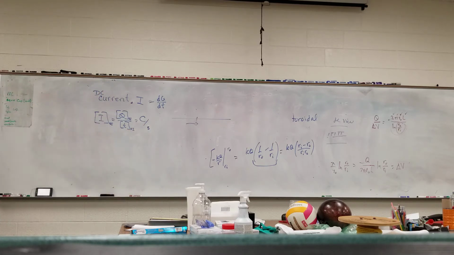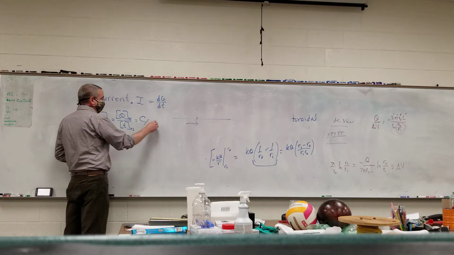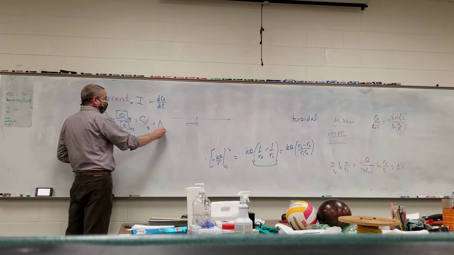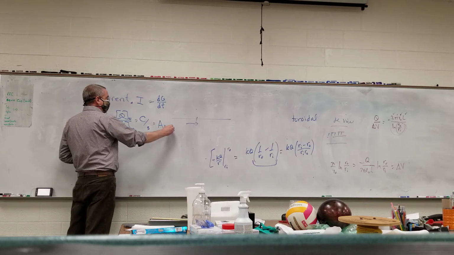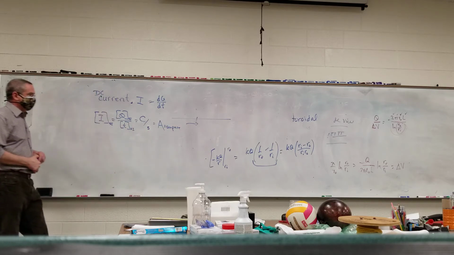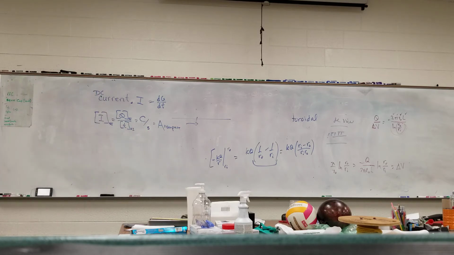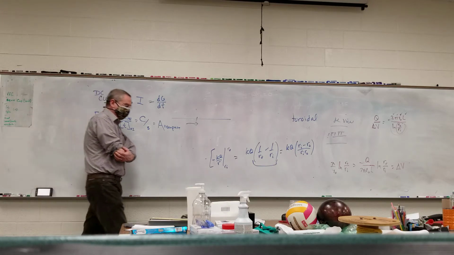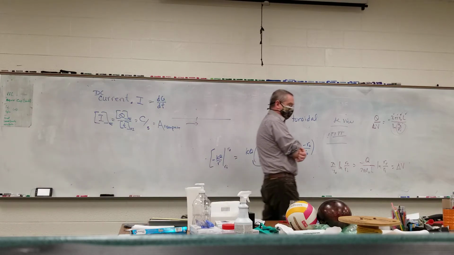Now, coulomb per second is too much for physicists to write, so they came up with the shorthand, which I think was mentioned last time, the ampere. Technically, ampere is the base unit, and coulomb is the derived unit, but generally not presented that way in textbooks.